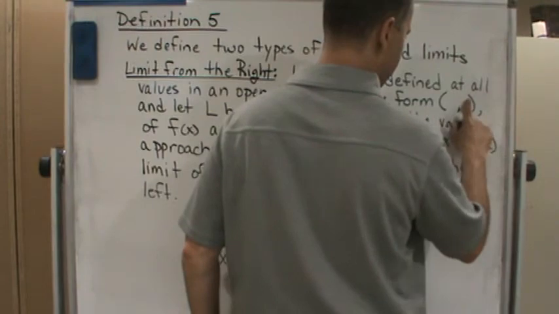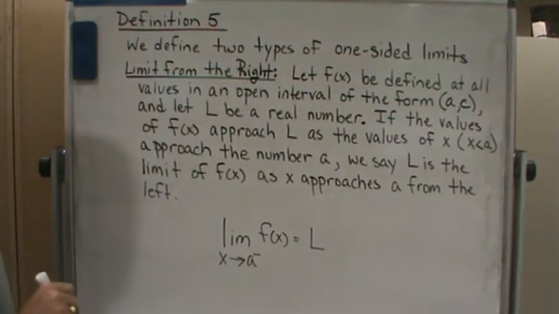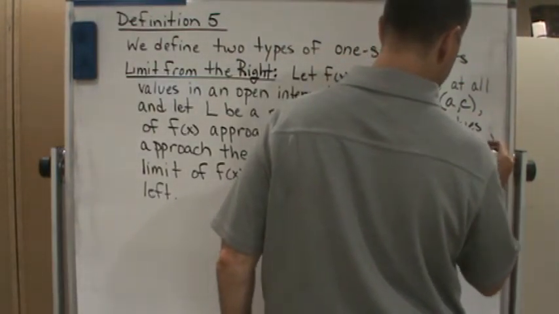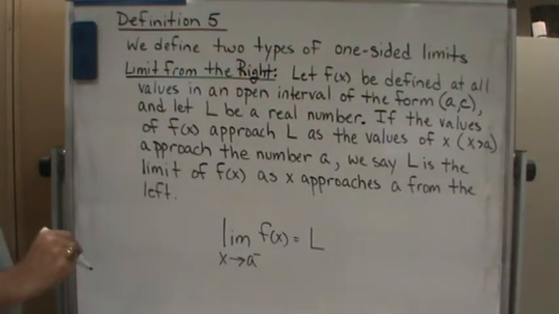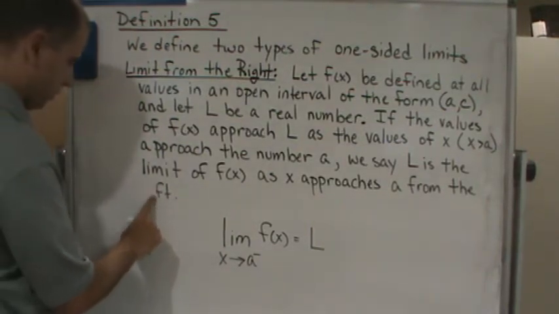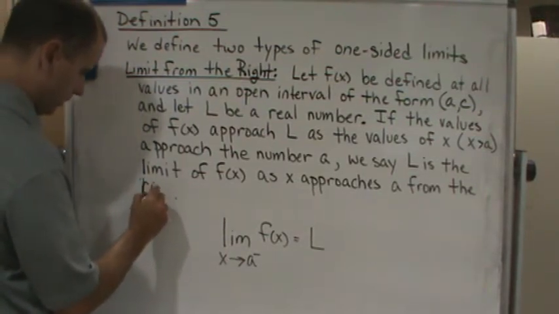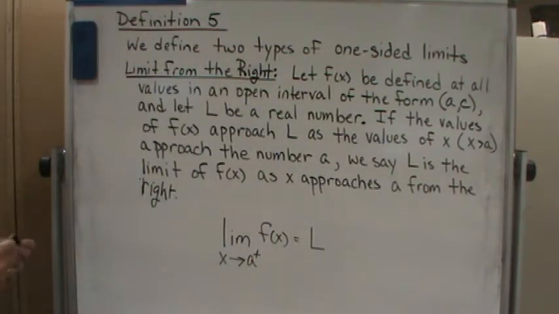So I'm going to change this to (a, c), and we're going to change this to that, and we're going to change this to that, and of course we're going to change that to a plus sign. And now we have the definition of a limit from the right.